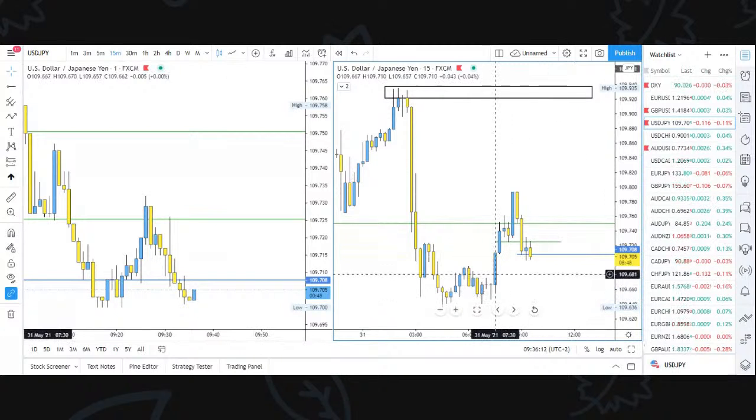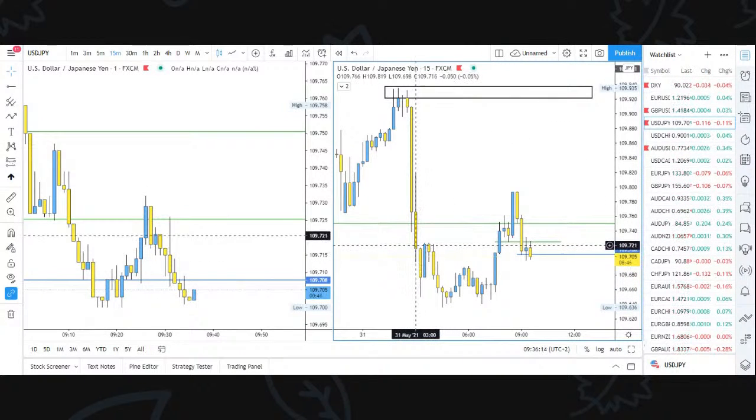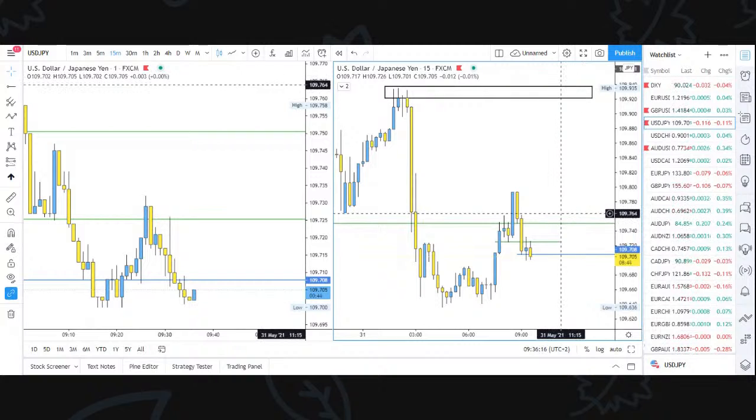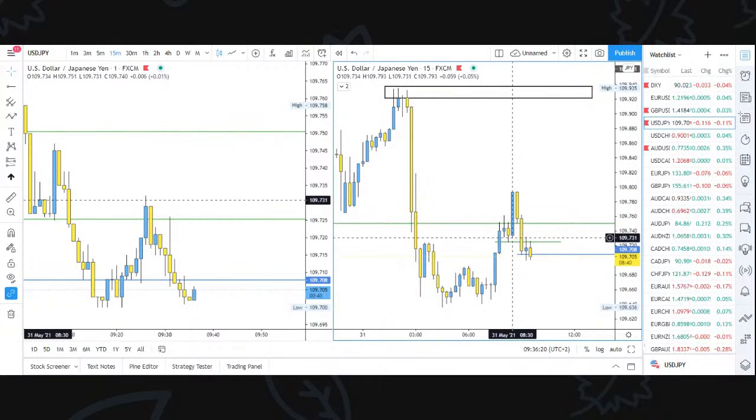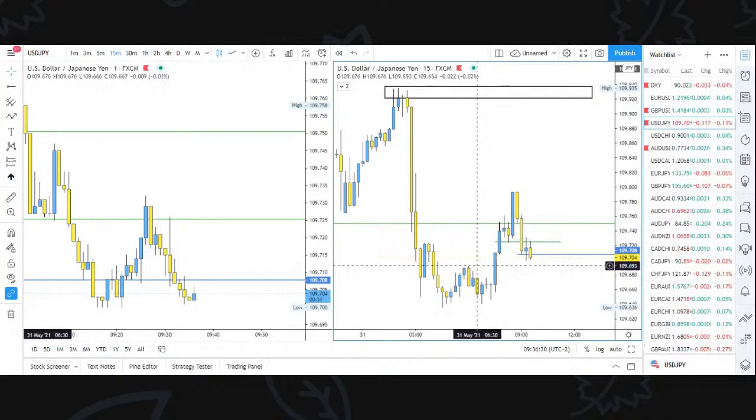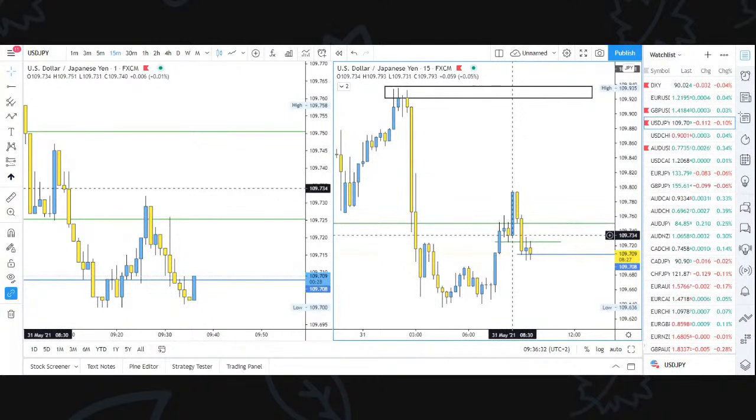What you guys also need to start doing is taking note of candle lows and highs. Why? So you can see what we were doing was making highs, right?